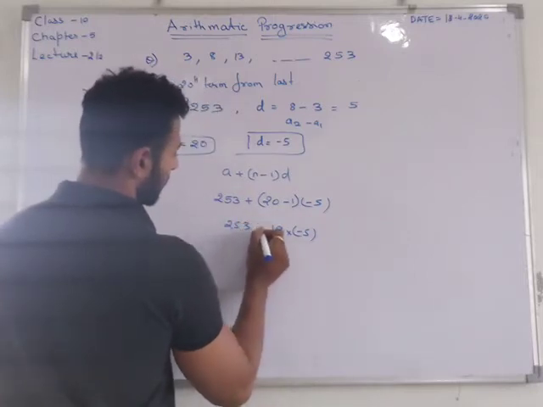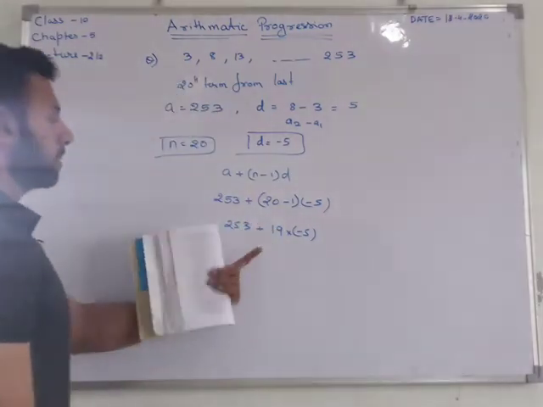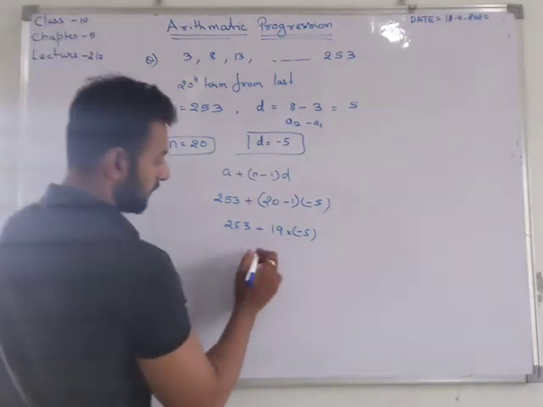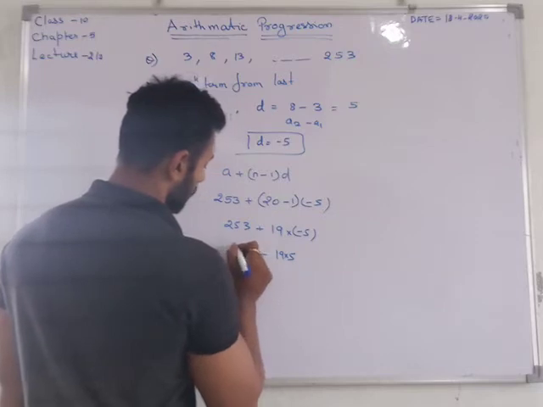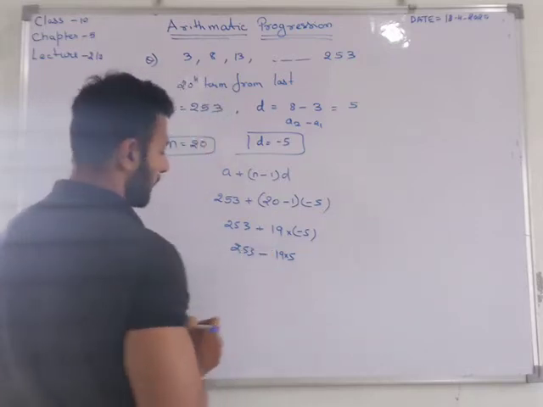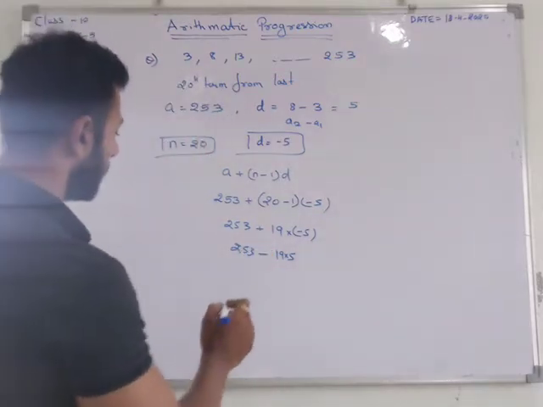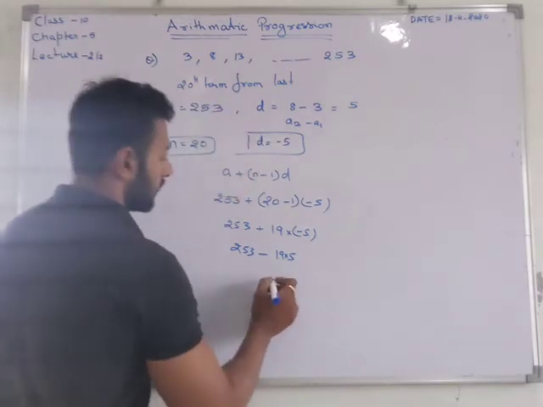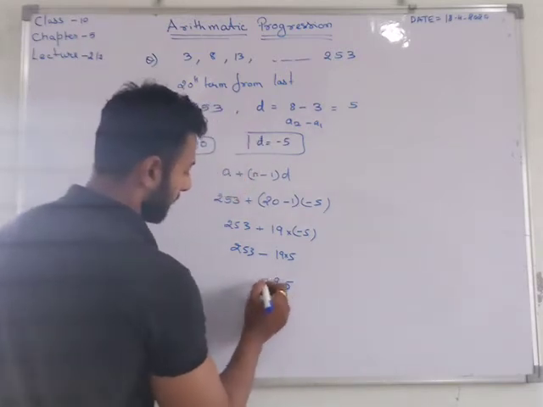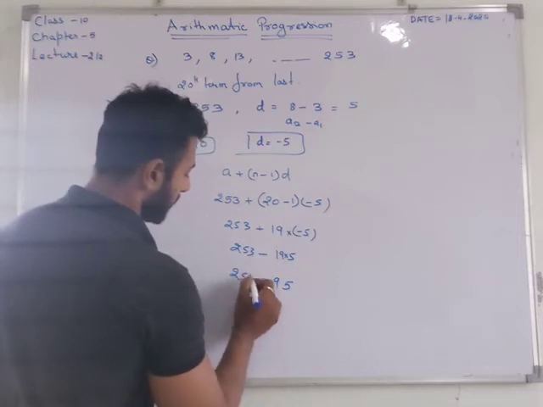Plus into minus will be minus. 19 into 5 will be 95. 253 minus 95.